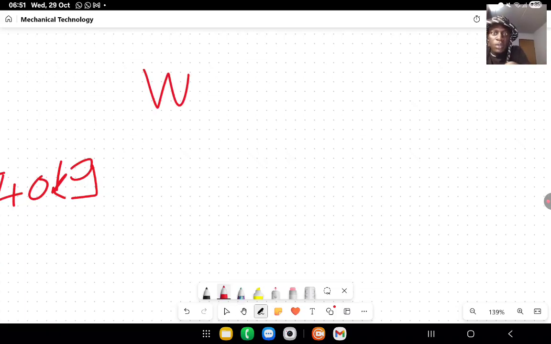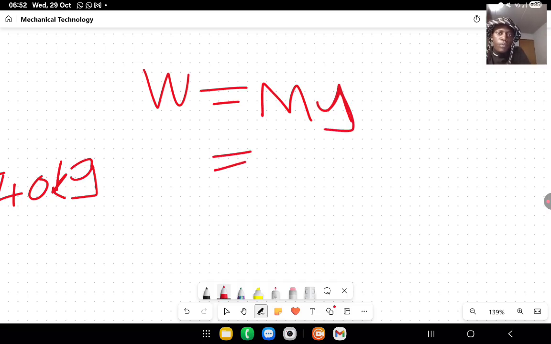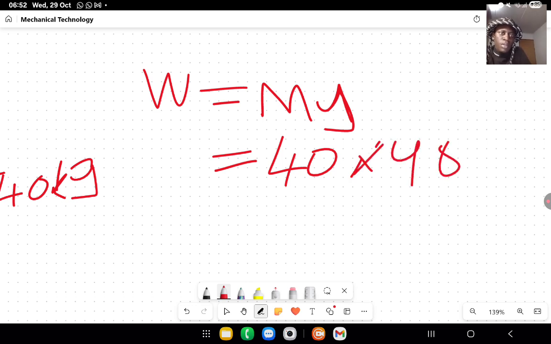Our weight is equal to mg. Therefore, it is 40 multiplied by 9.81.